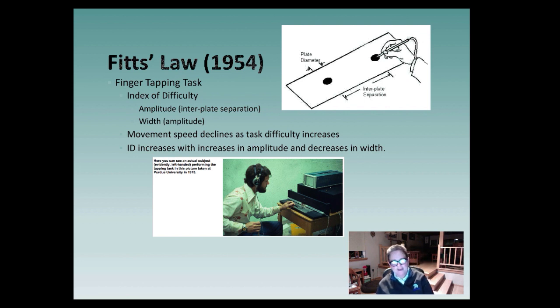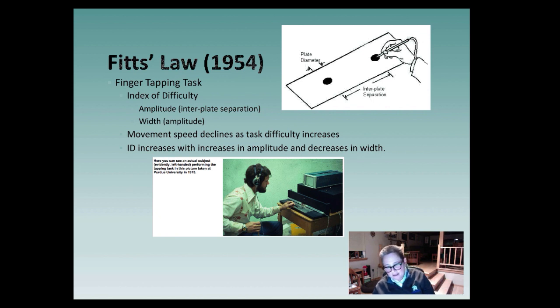Basically what Fitts found is that the speed of our movement declines as task difficulty increases. And we could define the index of difficulty as increases in amplitude and decreases in width. Here's an example of somebody from 1975 at Purdue University actually performing the Fitts tapping task.